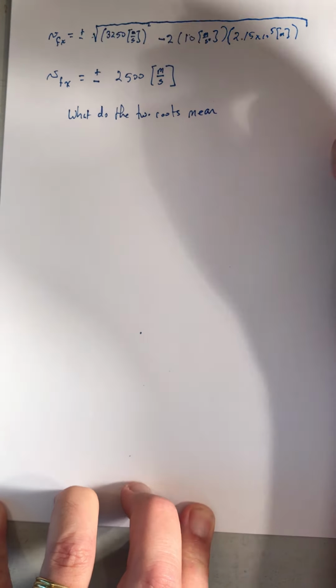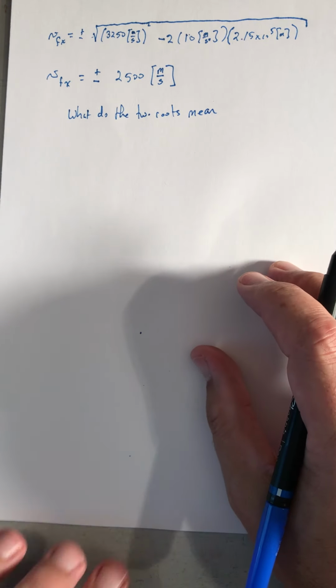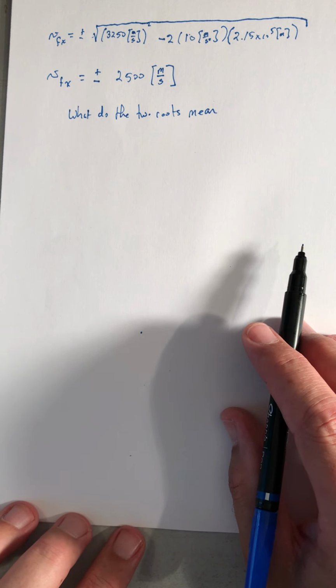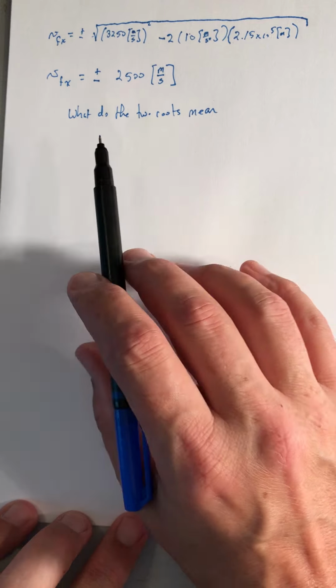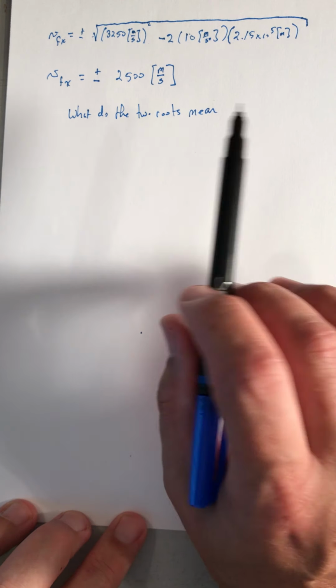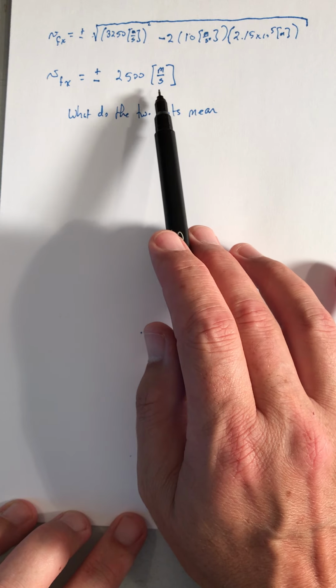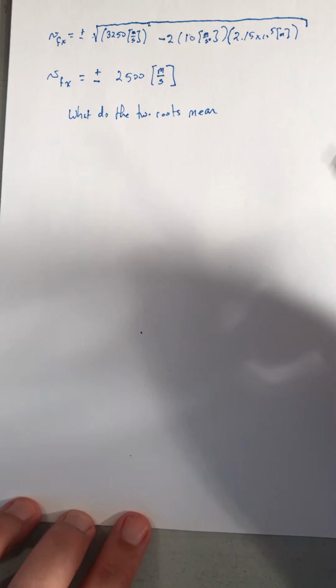And this is not asked in the question, but if we want to interpret the meaning of these, we're going to go ahead and solve for the time at which the craft is going to reach minus 2,500 meters per second and plus 2,500 meters per second.